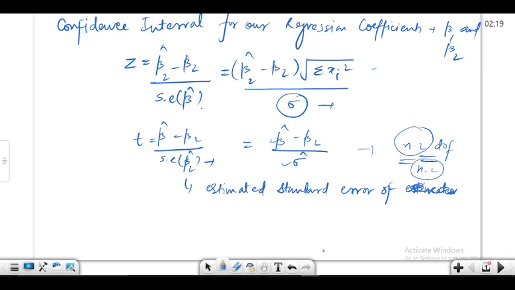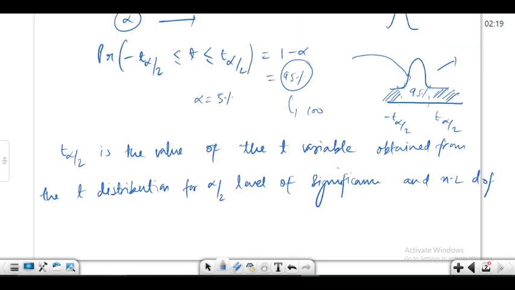Okay, I hope you have the knowledge of degree of freedom. We had discussed it briefly in the previous videos, right? So this is how you create a confidence interval using the t statistic, because you don't have the data to create a z statistic. So you use the t statistic and the t table and the t distribution.